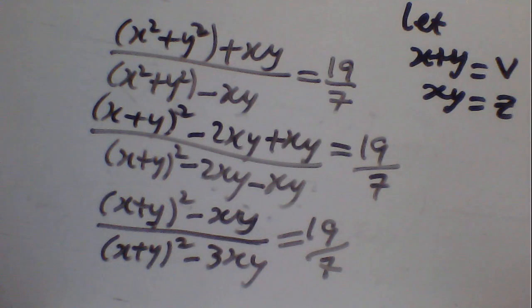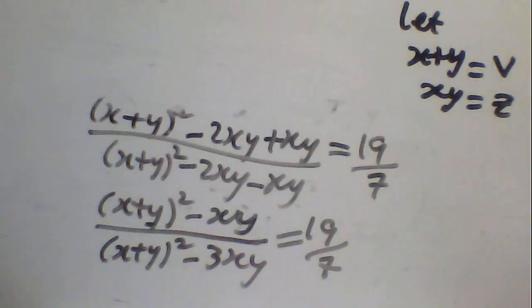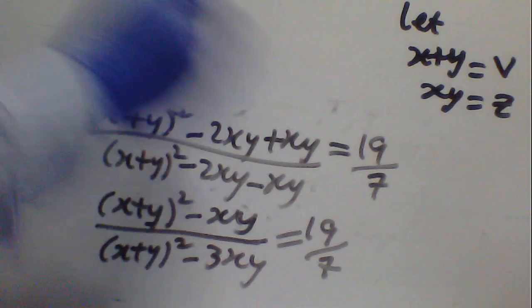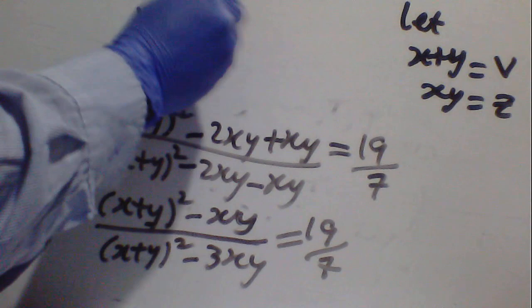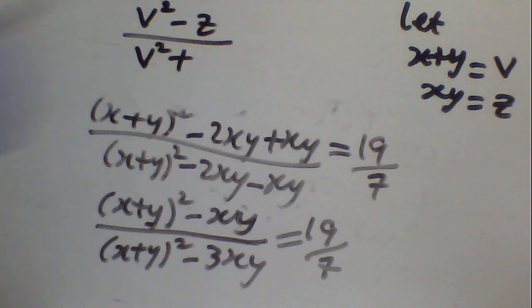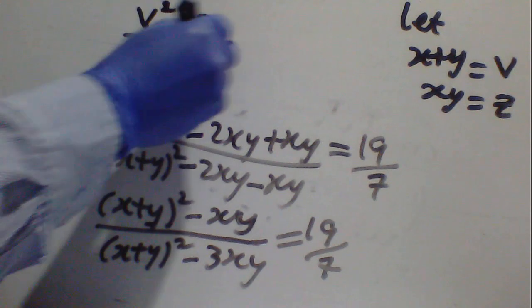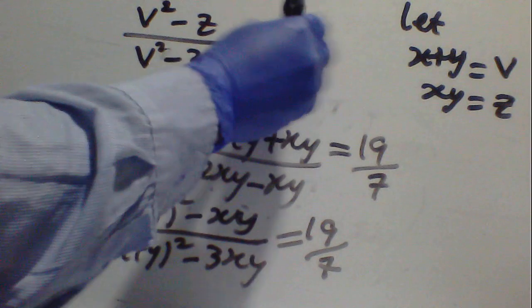Once we have done that, we can substitute the values in the equation. So from here we have (v^2 - z)/(v^2 - 3z) = 19/7.